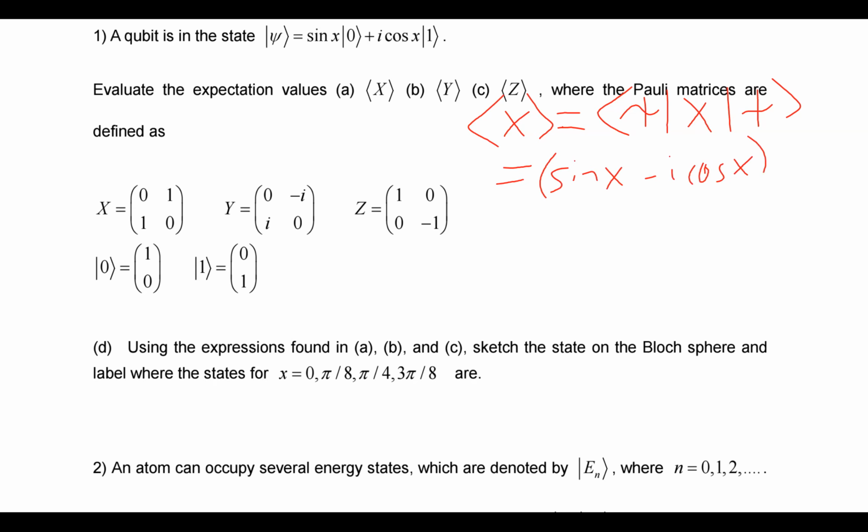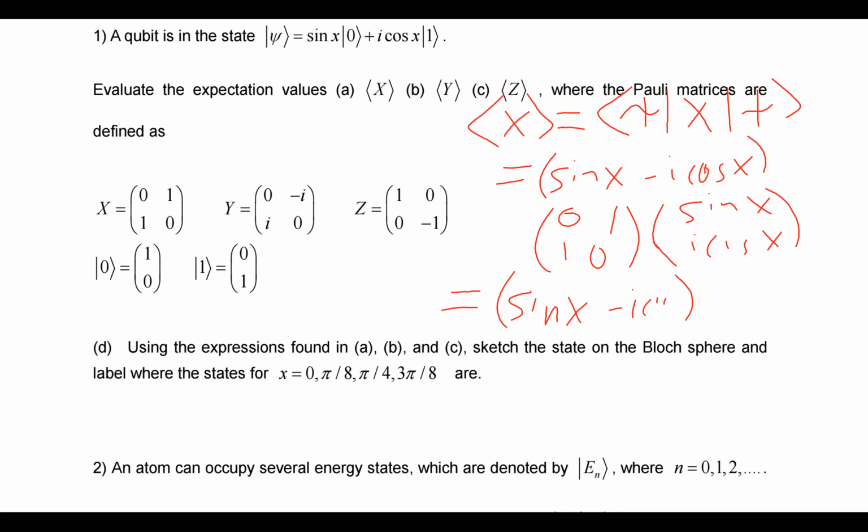So in this case, you would write this as sine X and then minus cos X. This is, I think, where in the homework some of you were making a calculational error because you were not taking the complex conjugate of this term. And then this one is a column vector sine X, and this is a plus cos X. And then sine X minus I cos X. Basically, this one will flip the ordering of the two terms.